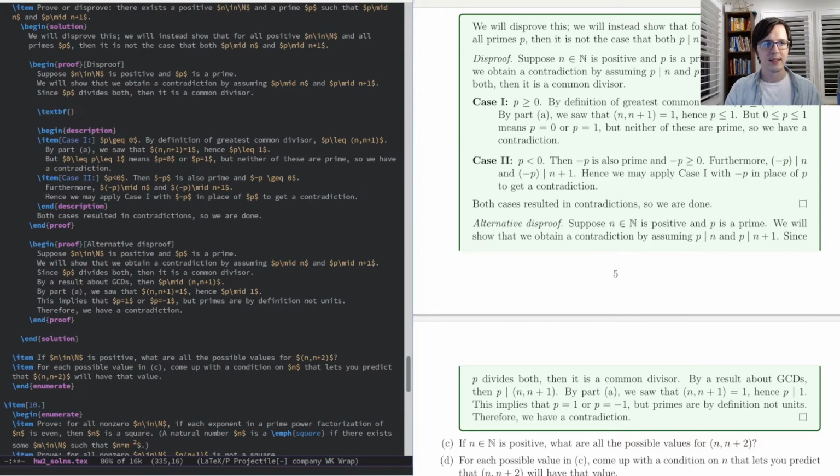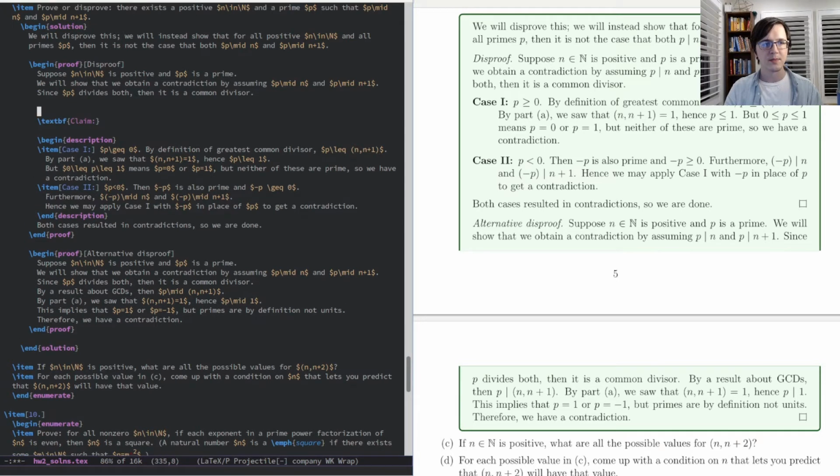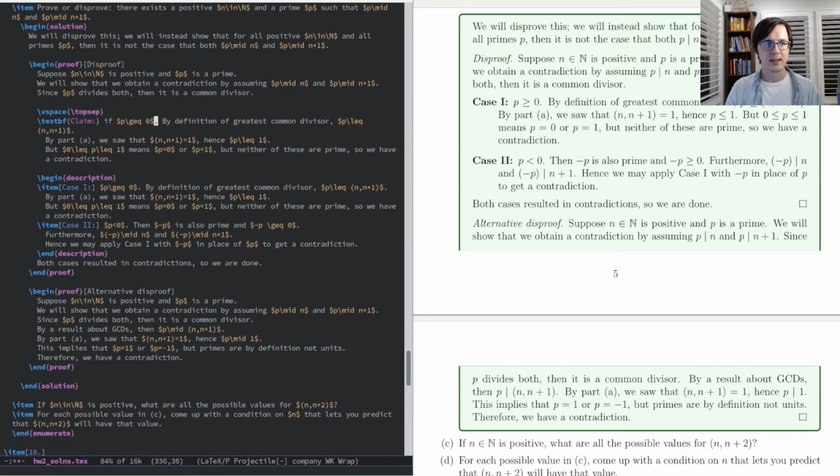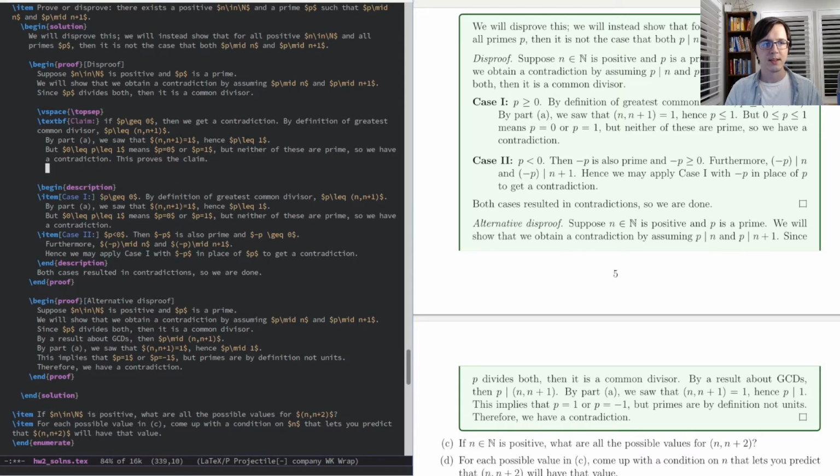So we can say claim. Then we get a contradiction. So this proves the claim.